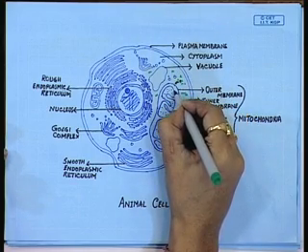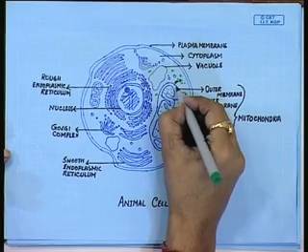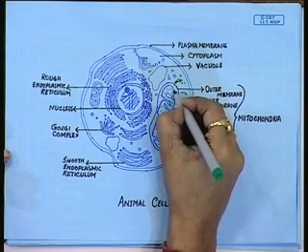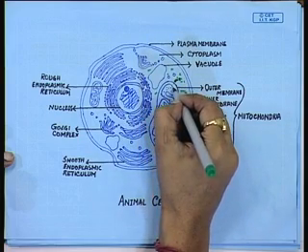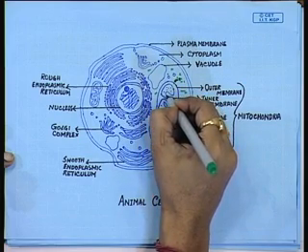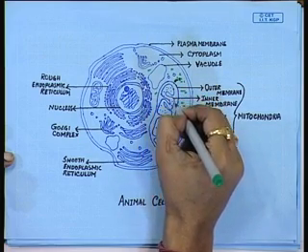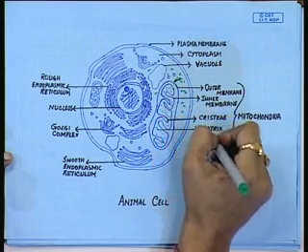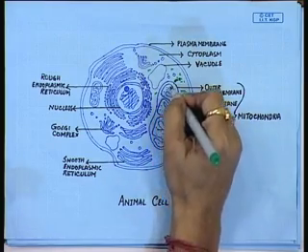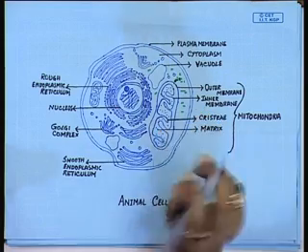Mitochondria has a two-layer membrane, one is the outer layer, another is the inner layer. The outer layer is the protecting layer and the inner layer is folded inside the matrix, and it forms the cristae in the mitochondria.